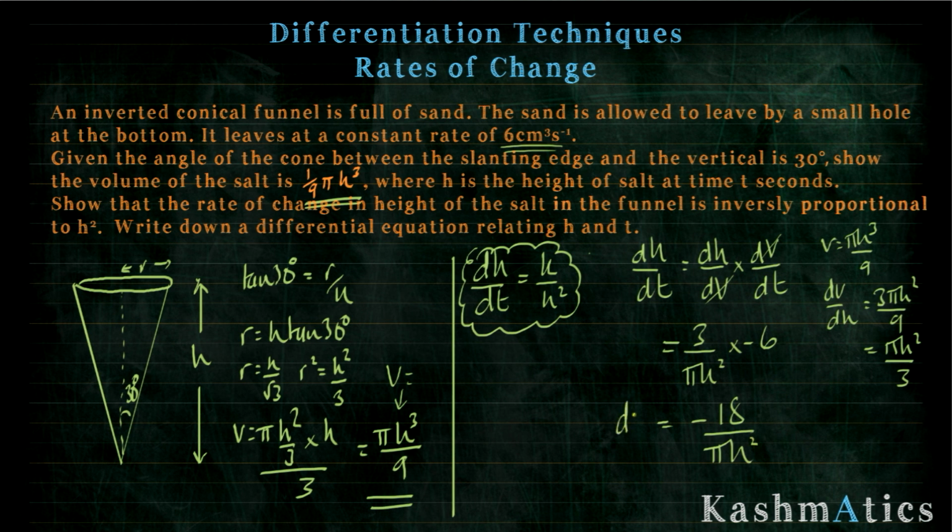Alright, so let me just write down dh by dt over here. So that's what we're aiming for. Okay, something over h squared, and this is something over h squared. This is minus 18 over pi, all divided by h squared. So it satisfies the inverse proportion condition, and that is the differential equation relating h and t.